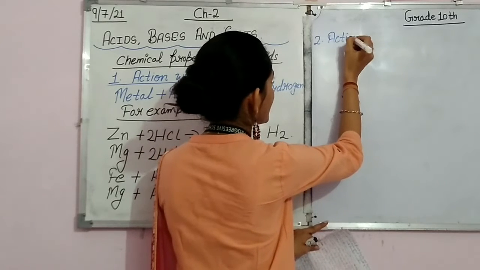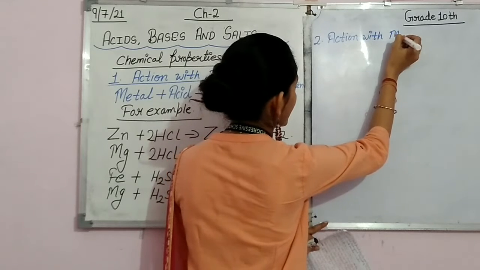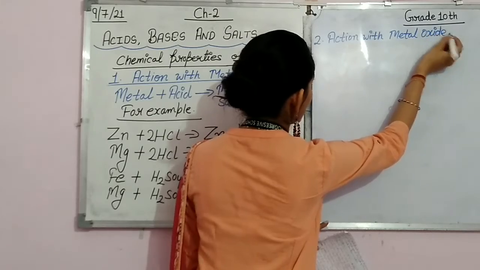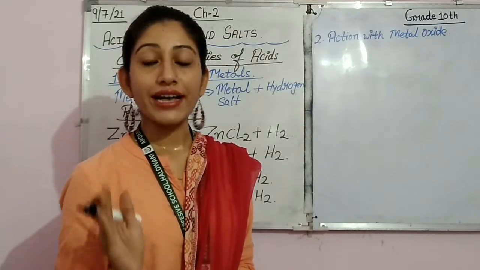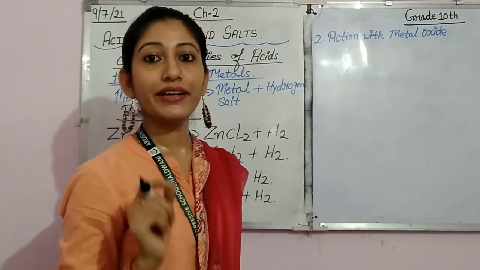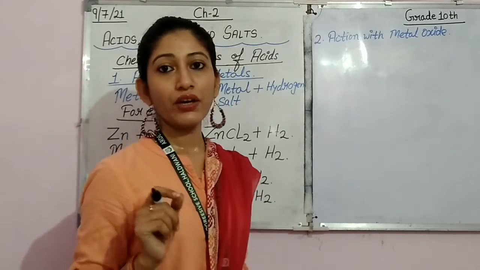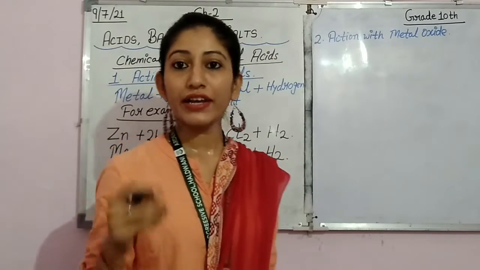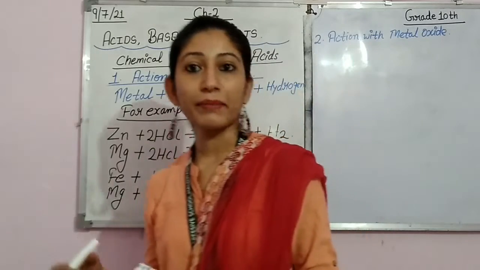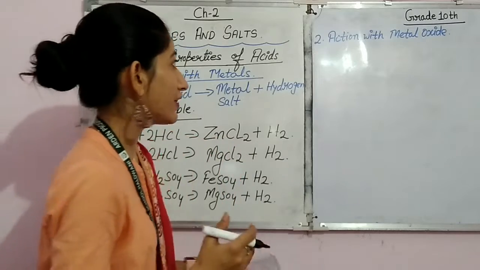Now it's time to see what the action of acids with metal oxide is. Now think by yourself, students, that if we get something like this, it will help us remember how it reacts and what the product will be.